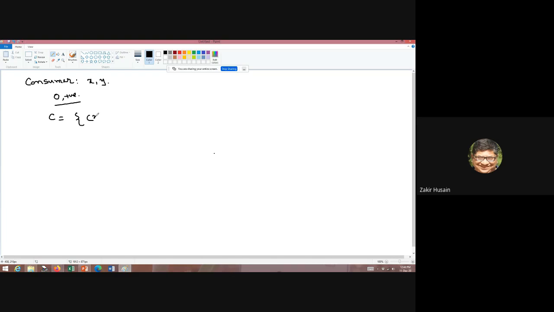So we can write this as X and Y both greater than or equal to zero. Depict this in a Cartesian space, two dimensions. There are two commodities, so obviously it's two dimensions.